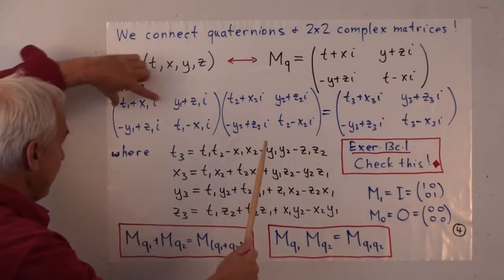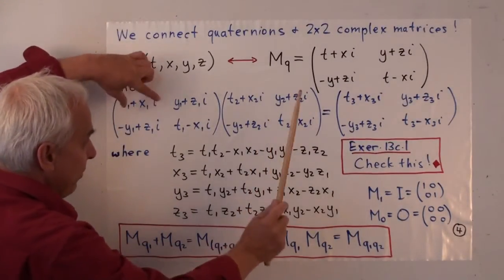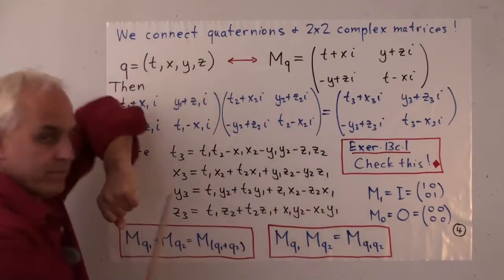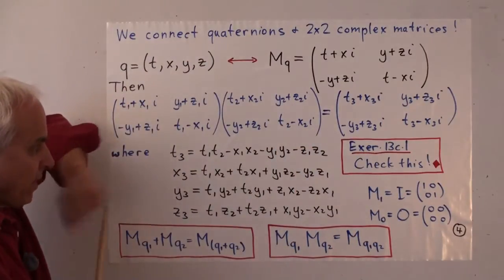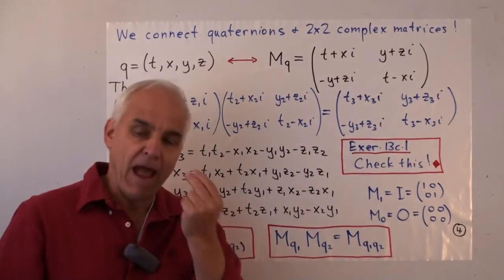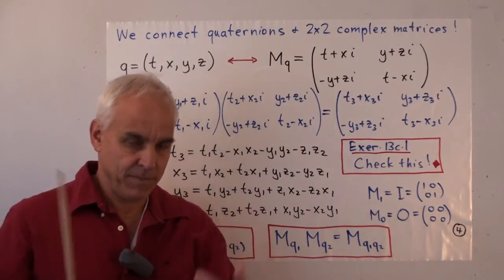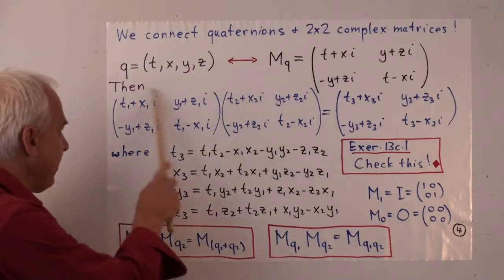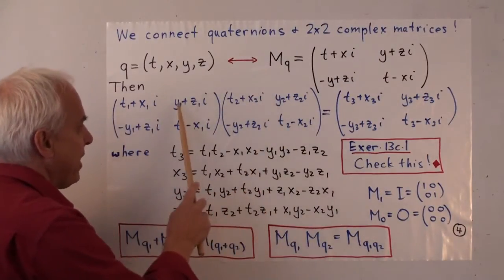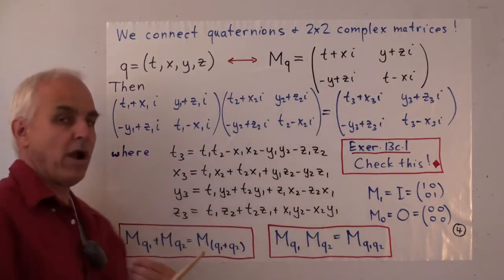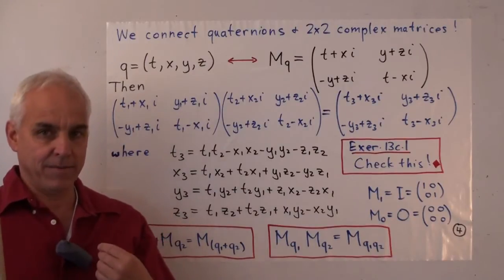So we go this times this plus this times this. And so the z3 is going to be the imaginary part of that, the stuff that involves an i. So let's ask, if I multiply this times this, and then I add this times this, where am I going to pick up an i?